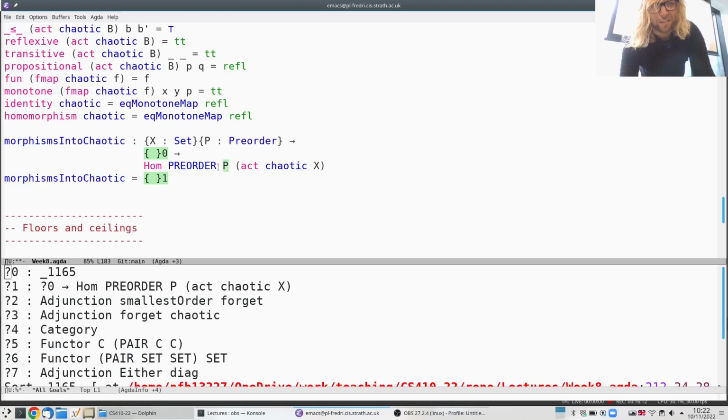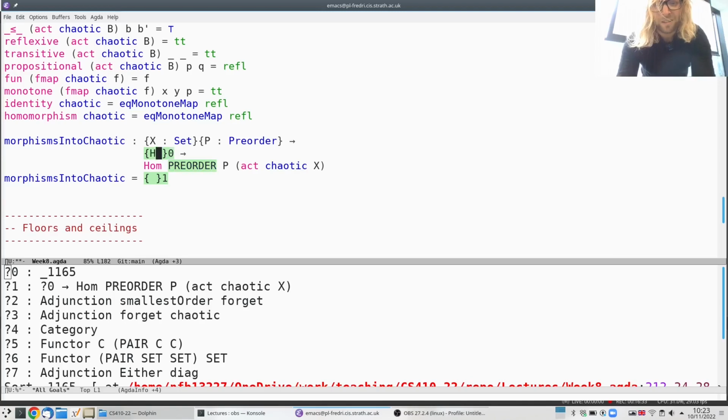So now we can ask again, what does it mean this time to make an order preserving map into the chaotic order? Right? So now I flipped it, so I said put the chaotic on the right here, right? And for the reason I have said, this should also be really easy, right? Any map should do this because things are always related.